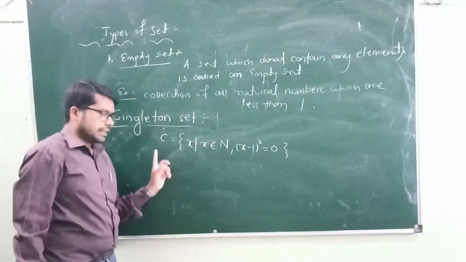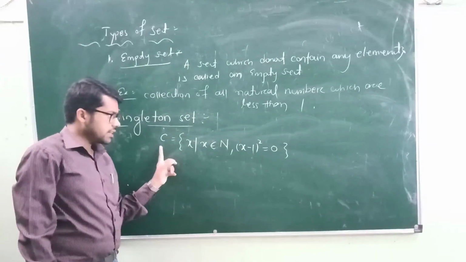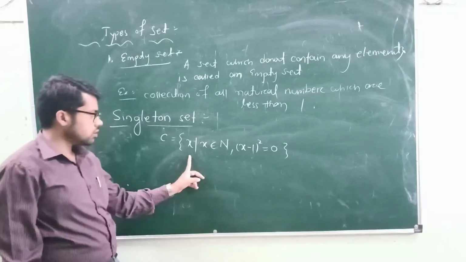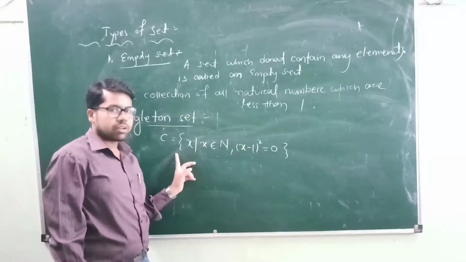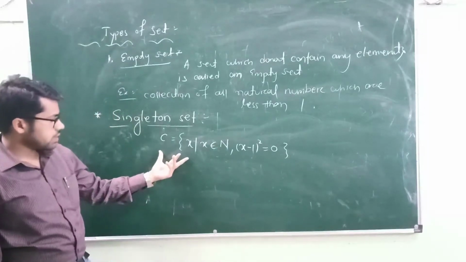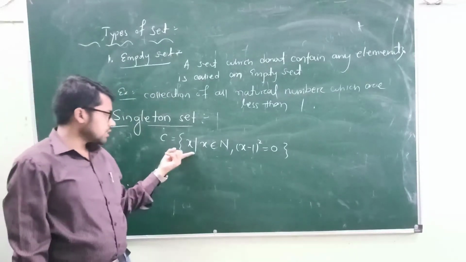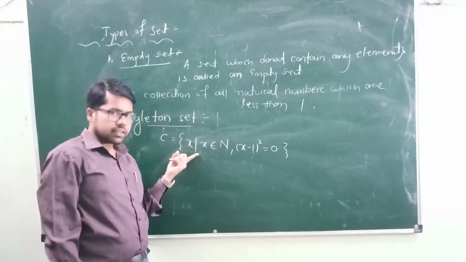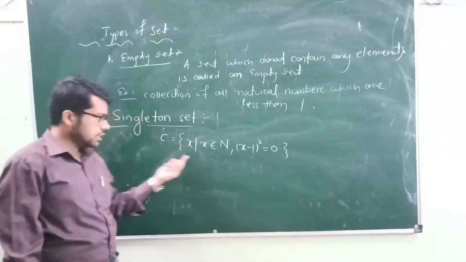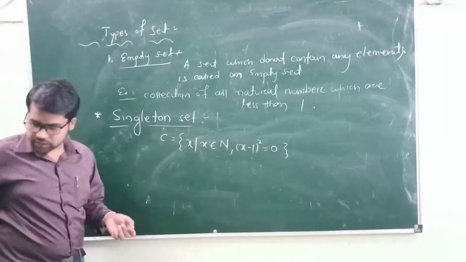See, this is a set. The set is written in which format? Is it in listing format? No. This is in set builder format. How will you get to know whether this set is in listing method or set builder format? It's very simple. Since we have written here "x such that", this format is used only in set builder format. That's why clearly this set is written in set builder format.